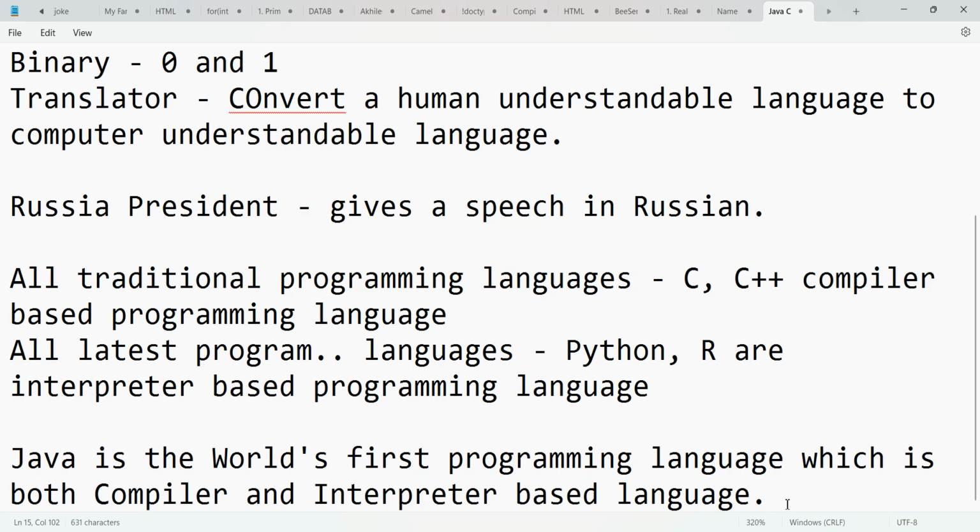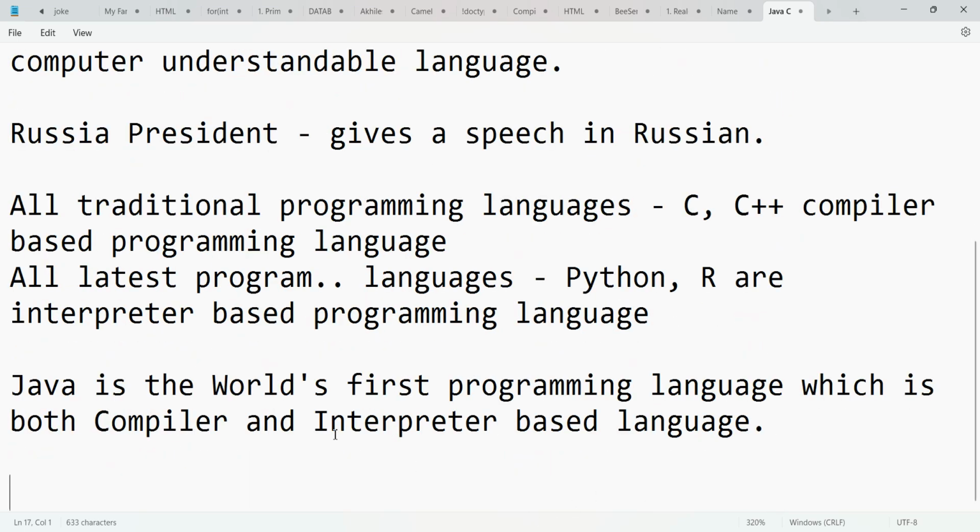Okay, good. Now see, understand this process. For example, you made a note, you wrote a program. Fine. In the terms of computer programming, this program is called the source code.